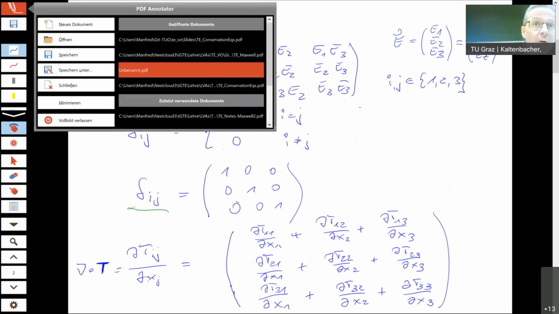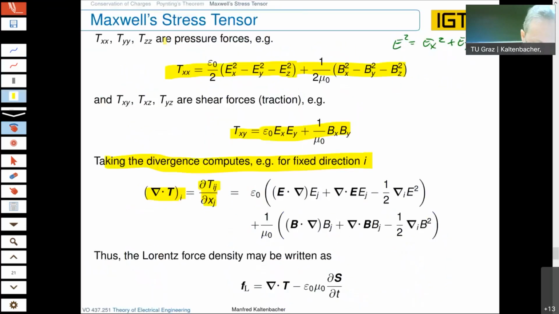So I also will upload these slides here where I have written. Okay. So in this sense, just look what you get out here, which is really quite ugly. And let's see how simple it can become if you are familiar with this index notation.